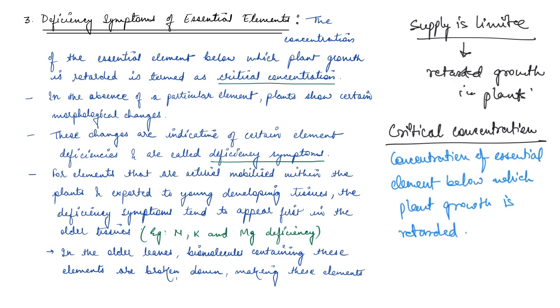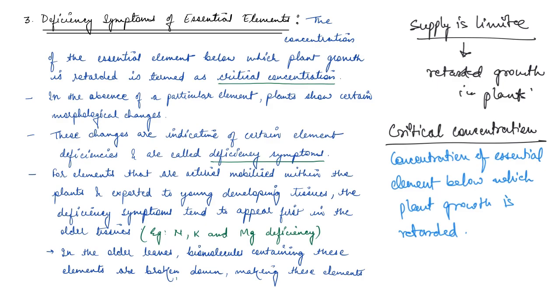Now, guys, each element has one or more specific structural or functional roles in plants that we studied in the last two videos. In the absence of any particular element, plants will start showing certain morphological changes, and these changes are indicative of deficiencies. Basically these are known as deficiency symptoms, right?